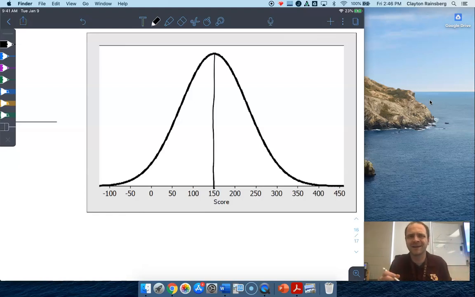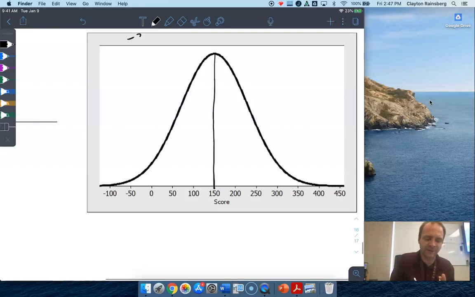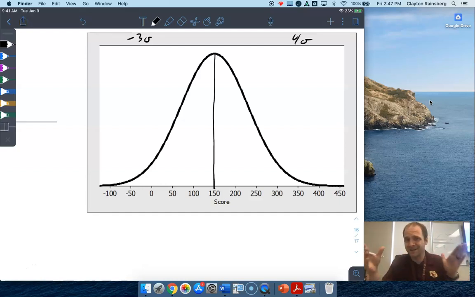So the left side of that graph is actually smaller than the right side lengthwise. So I'm going to treat it like we have -3 standard deviations over here, and we have 4 standard deviations over here. So that entire thing, I'm going to approximate by saying there's 7 standard deviations from the left to the right of that picture. And that's going to allow me to figure the whole thing out.